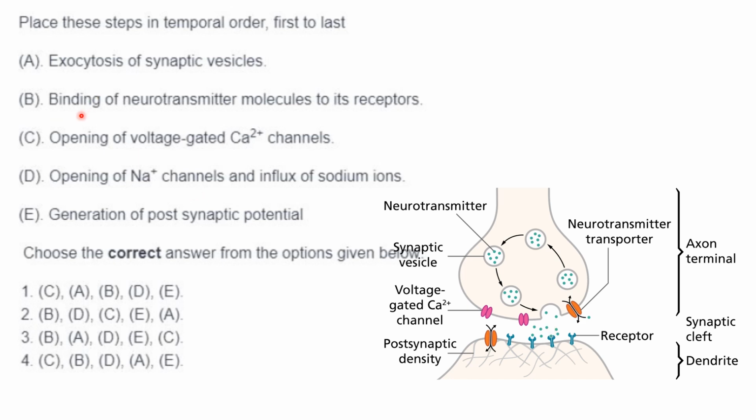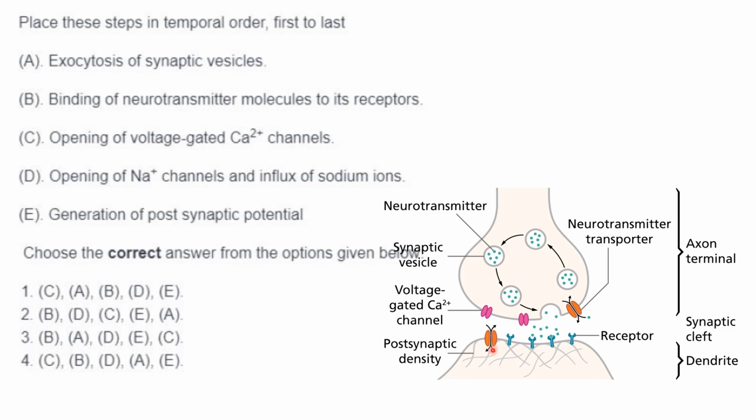Then comes B, binding of neurotransmitter molecules to its receptor. The receptor is present on the postsynaptic cell, and these receptors will bind the neurotransmitter. Then what will happen after binding?